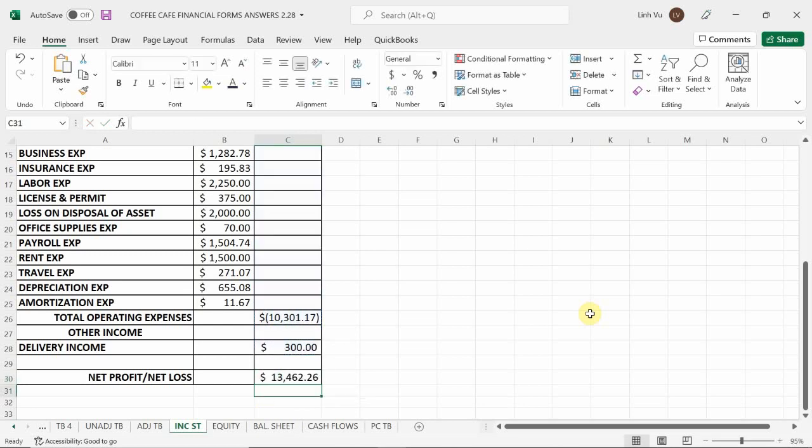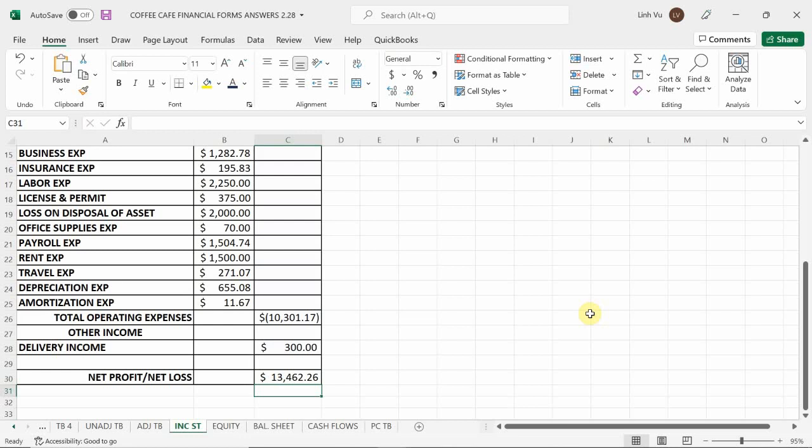And you should get a grand total profit of $13,462.26. So you had a profit, once again, of $23,462.26. Okay? So that's a huge, huge profit.